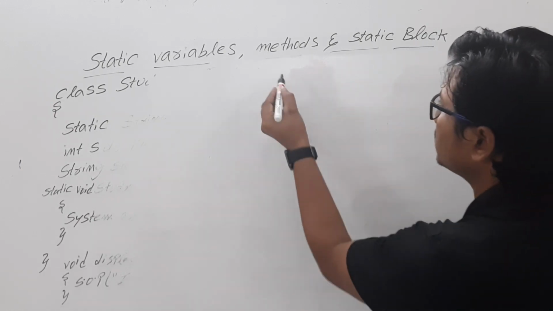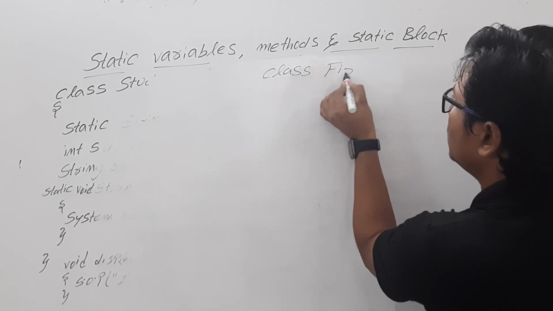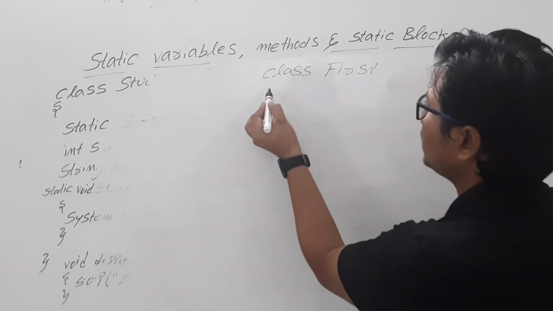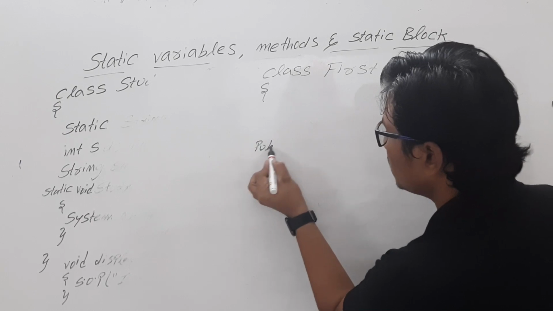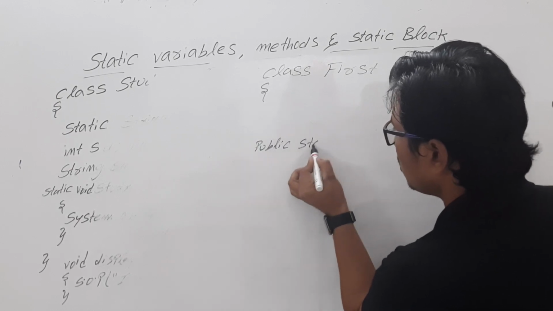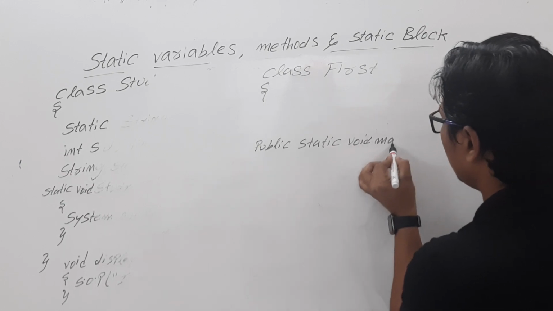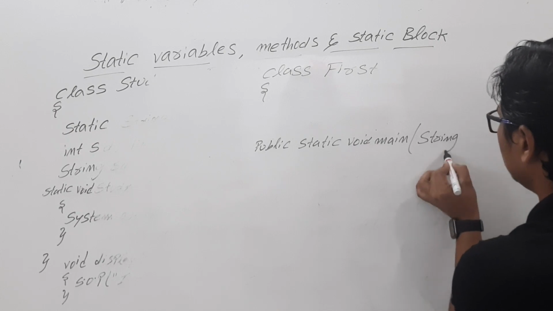Suppose I have written a program called first.java, so the driver class has the name first. Then you know that we will have public static void main(String[] args), where S is capital.